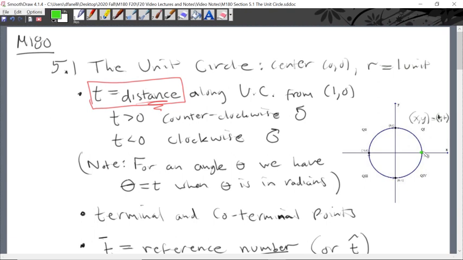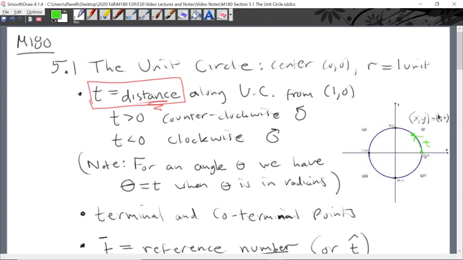And if we were to rotate along the circle into quadrant 1, we would say we'd be rotating in the positively oriented direction. Now we're going to define the distance that we traveled along the circle. This is called the arc length, the length of a circular arc. The distance we have traveled from the initial point to a terminal point in the unit circle is going to be denoted by the variable t.